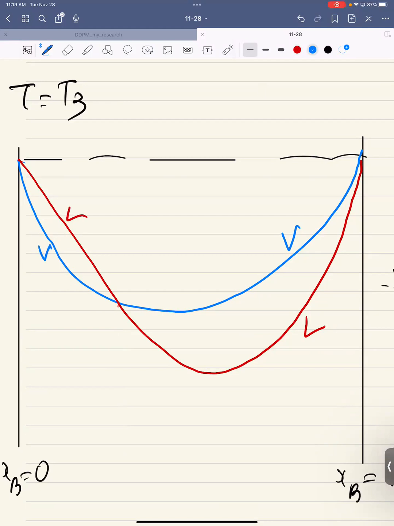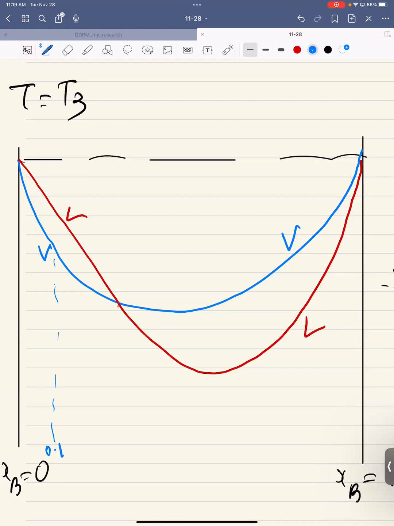Looking at these two free energy curves at an intermediate temperature, what can you say about where the system should be vapor and where the system should be liquid? At XB equal to 0. At XB equal to, let's say, 0.1. Should the system be vapor or liquid? Why?